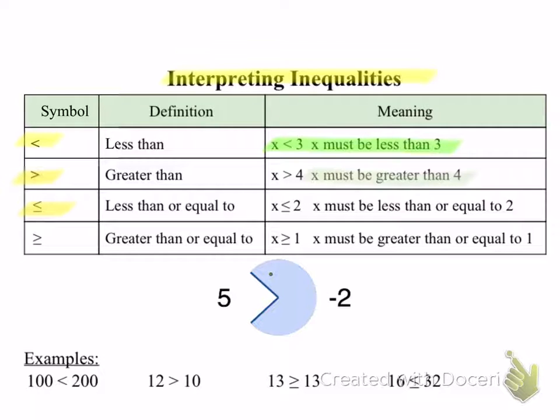How we know it's equal to is that line under it. So if you see that line under an inequality, that's when you know you'll include your equal to. Okay, so this one is just saying that it's less than or equal to some other number. And then lastly, we've got our greater than or equal to. Because it has that line, it includes our equal to.